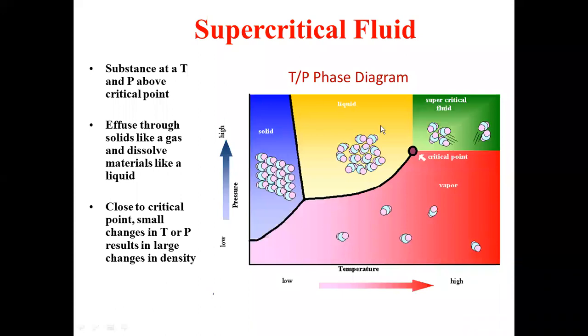So these two states, liquid and vapor, cannot be distinguished. The liquid state or vapor state of any substance cannot be distinguished at a particular temperature and pressure. The temperature at this point is called the critical temperature, and the pressure at this point is called the critical pressure.